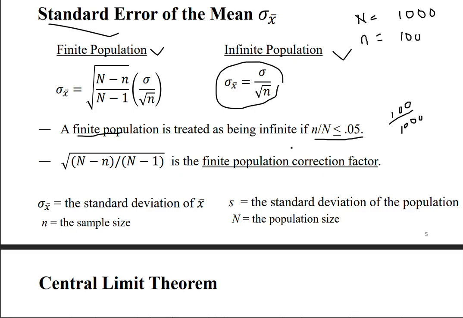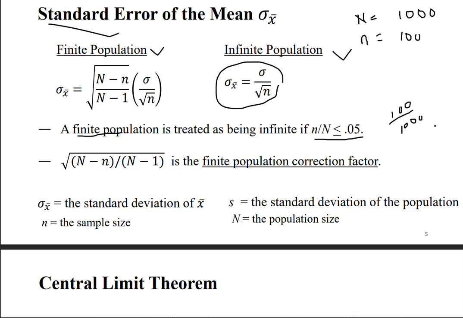Now, if your sample size divided by the population size is less than 0.05, the population is considered to be finite, and this is how we'll calculate the standard deviation of the sample mean. If it is greater than 0.05, we consider the population to be infinite, and this is how we find the standard deviation of the sample mean.